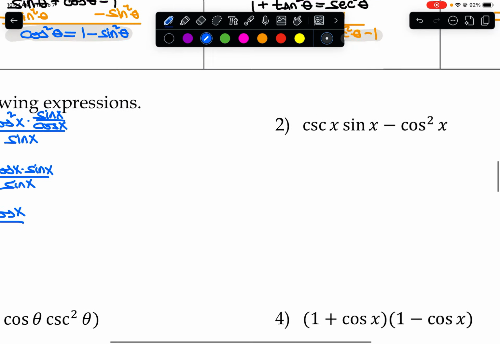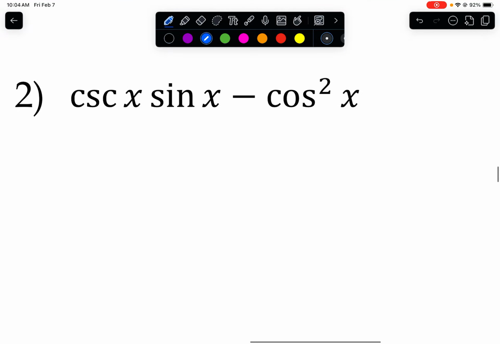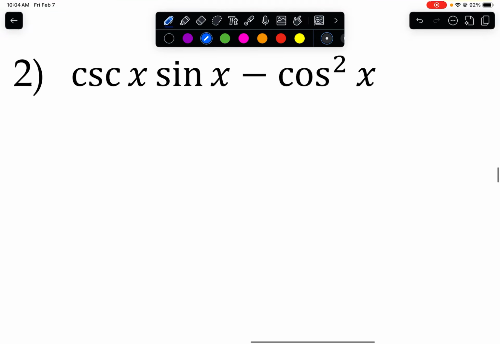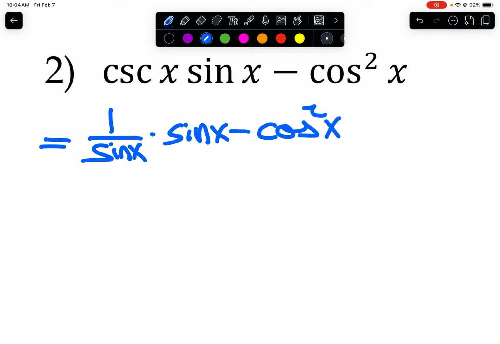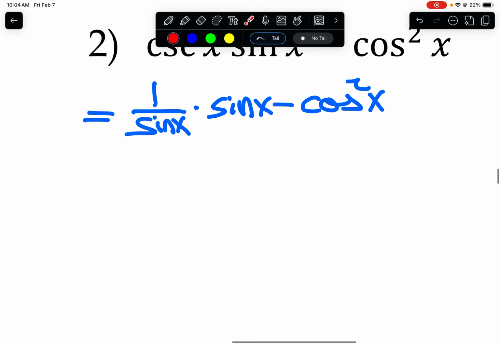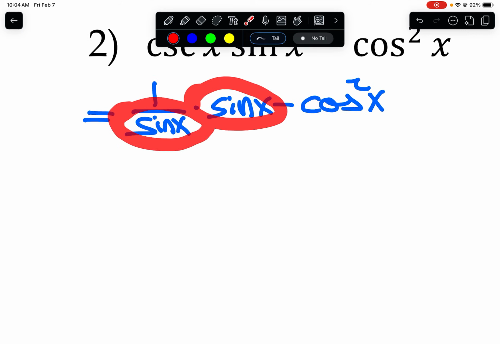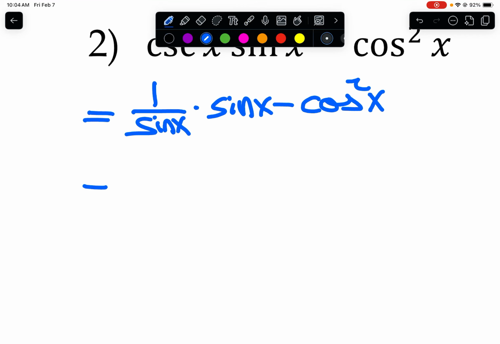Sad face. All right, number 2. So we're going to get everything rewritten in terms of sine and cosine once again. So cosecant, I'm going to change this to 1 over sine times sine x, and then minus cosine squared x. Now we have sine x times 1 over sine x, so those are going to simplify to just 1.